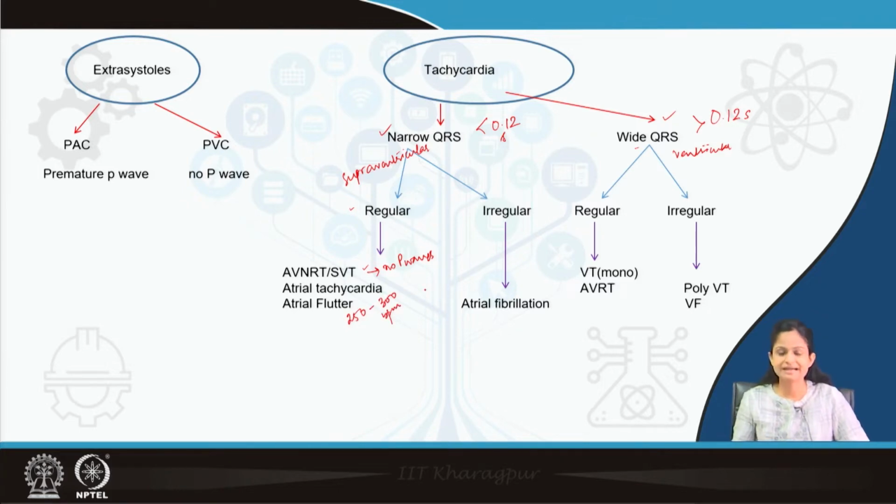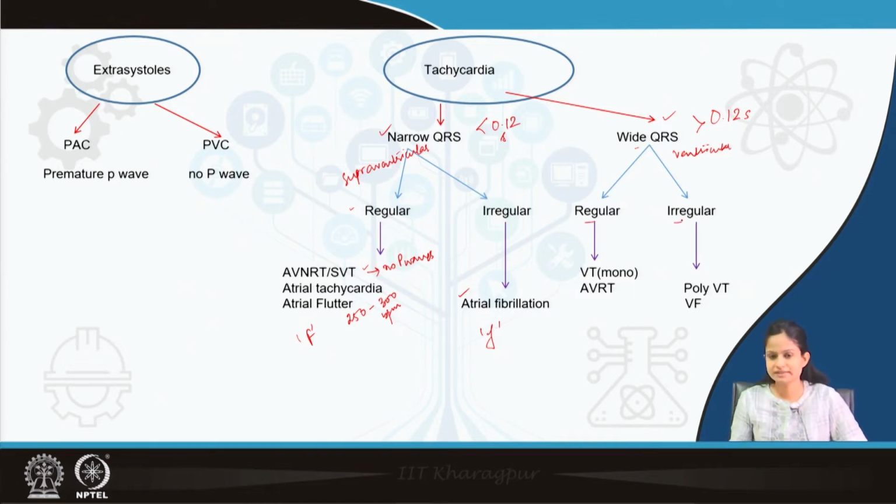If the tachycardia with narrow QRS complexes is irregular in nature, we think of atrial fibrillation. In flutter we see the flutter waves, the capital F waves, and in fibrillation we have small fibrillatory waves, very irregular in nature. Wide QRS complexes again can be regular or irregular.